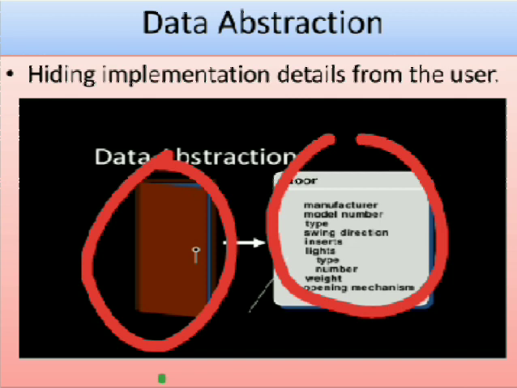Nowadays the mobile is so advanced that it has many functions, but a function is only called when it is required. Suppose you want to click a photo, then you call the camera function. So what does this mean? It is being hidden until it is being used. So that is hiding the implementation details from the user.